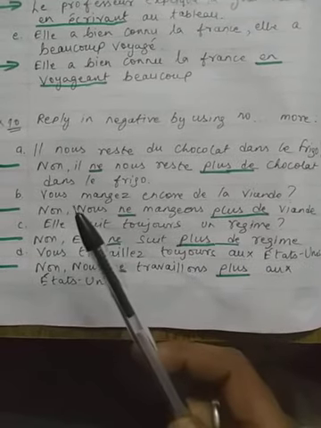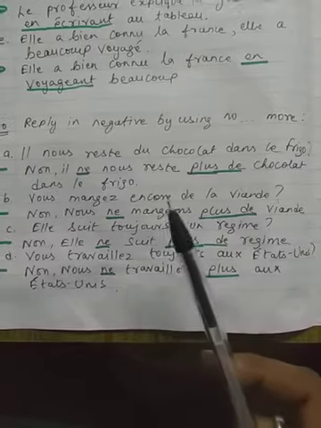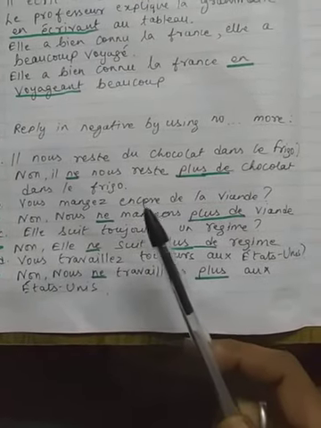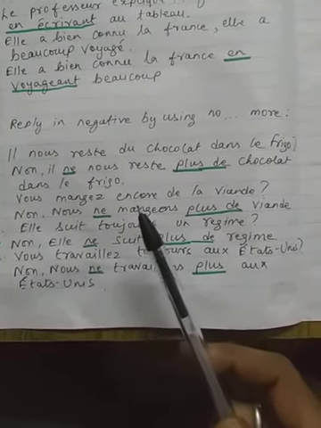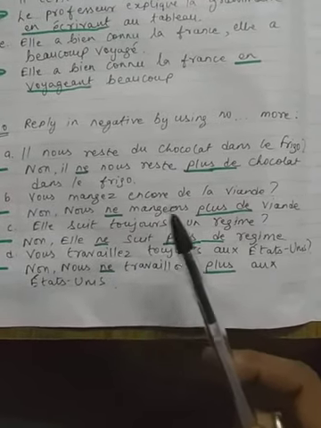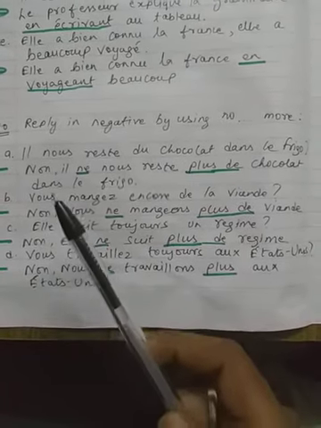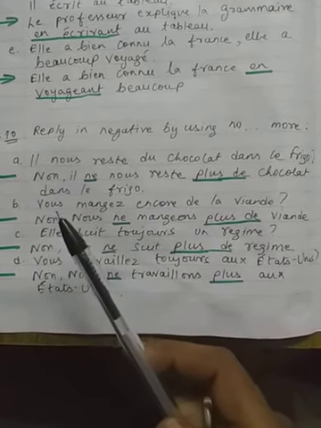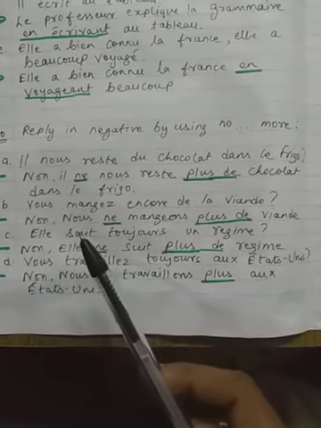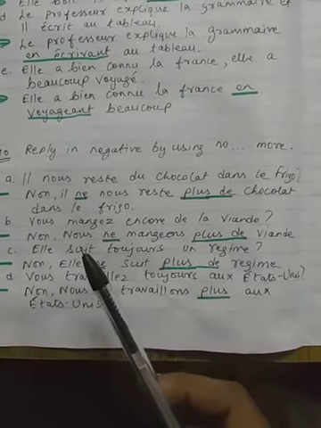Second one. Vous mangez encore de la viande? Do you still eat meat? Encore means still, yet; both meanings are there. Here, still. Do you still eat meat? You have to answer starting with non. The question is given in plural form, so the answer can start with plural or singular, both are correct. Here I have started with the plural form.